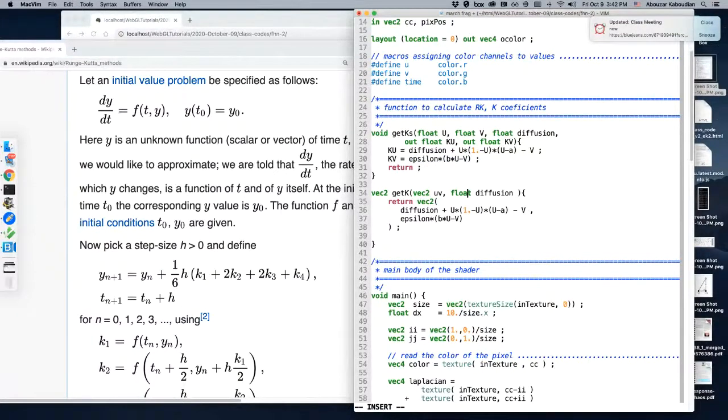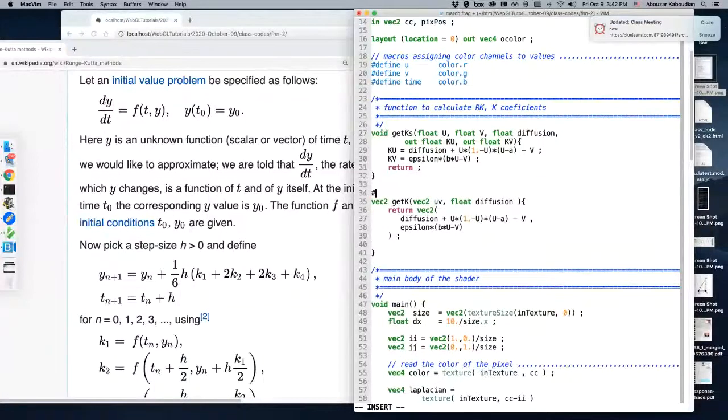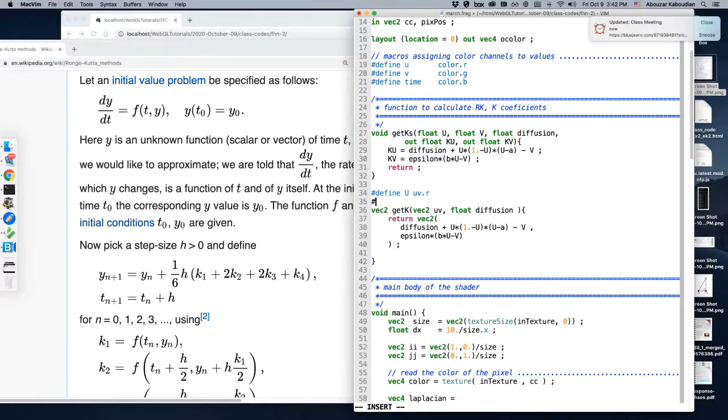Now, I can again use the concept of macros so that I don't have to rewrite this one. I can say that whenever you see capital U, treat it as uv.r, and whenever you see capital V, treat it as, say, x and y.